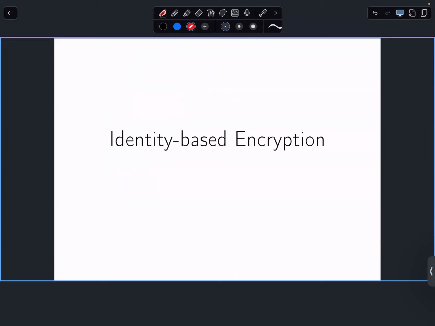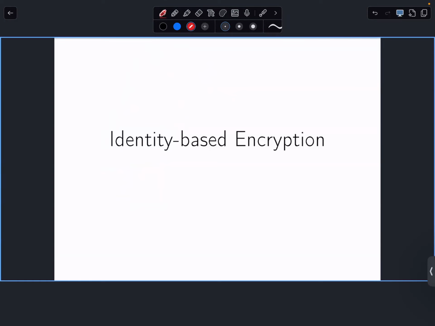The standard basic security notion for public key encryption is IND-CPA security. The adversary just sees keys, gets to select two challenge messages, and then sees the challenge ciphertext.